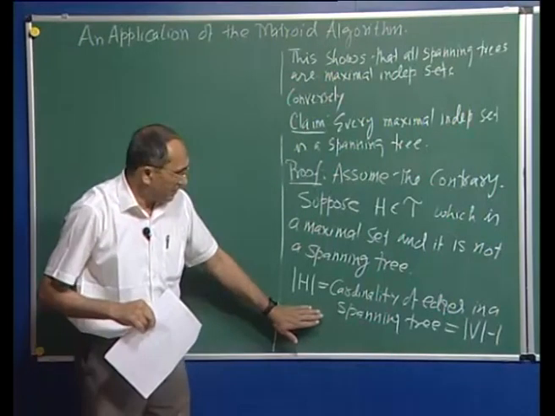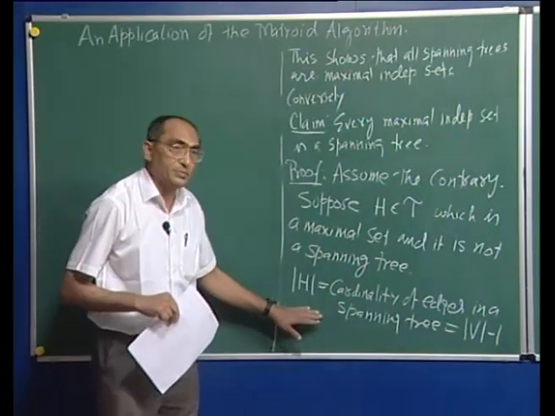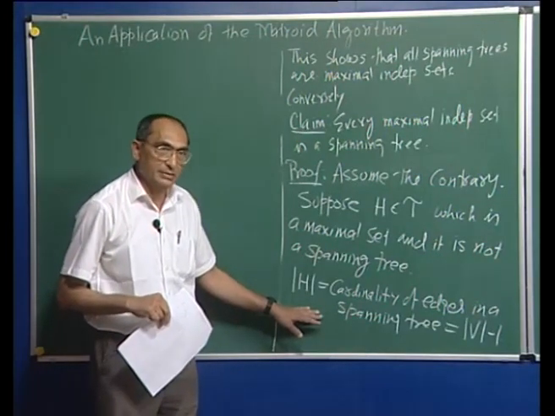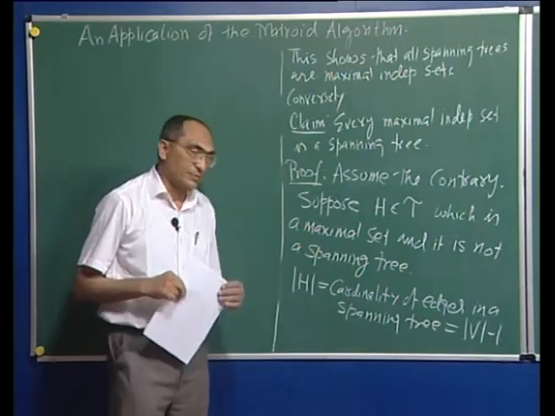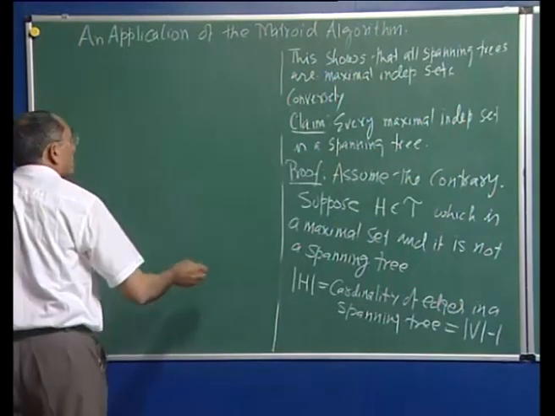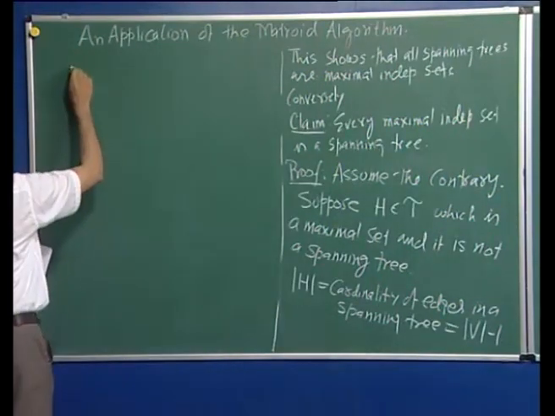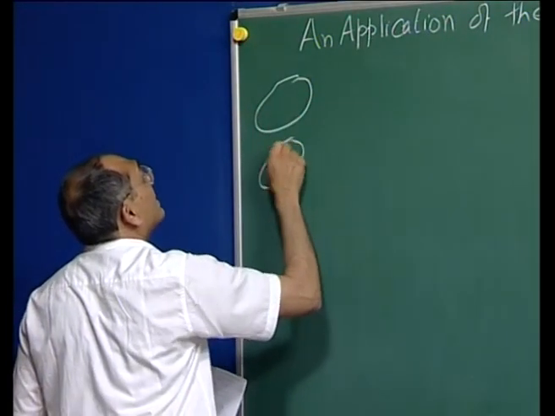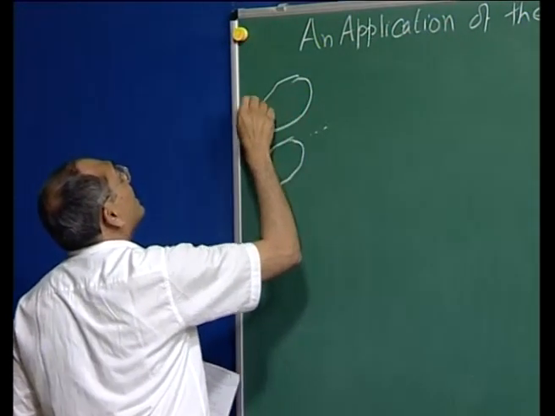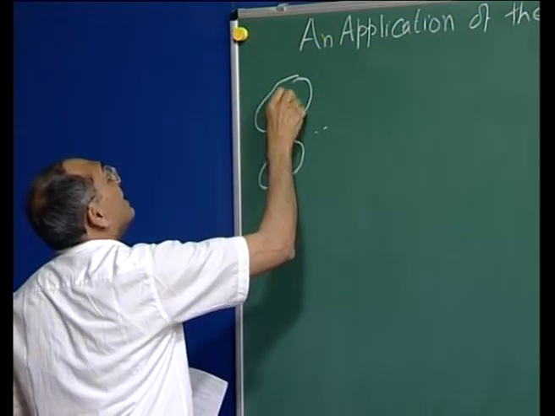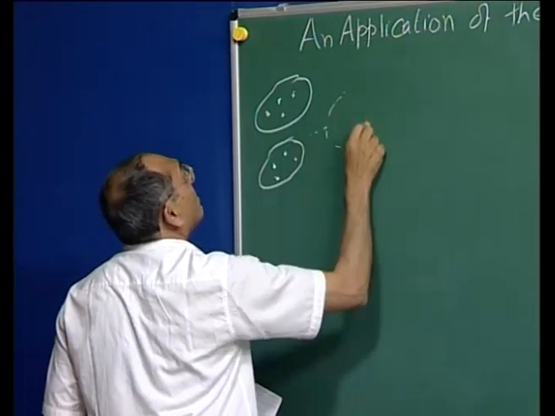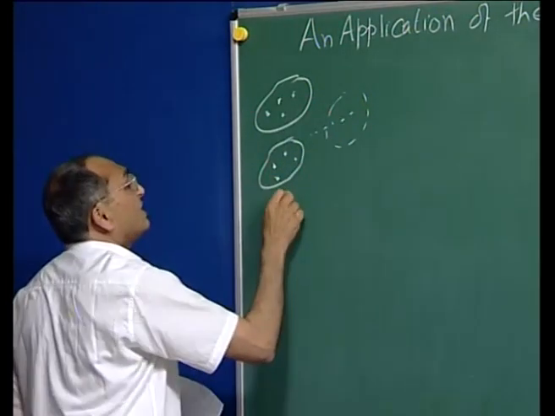Now, if this is not a spanning tree, then there must be at least two components in this graph. So, two components means that H may have at least two parts, maybe more. This is how H looks like.